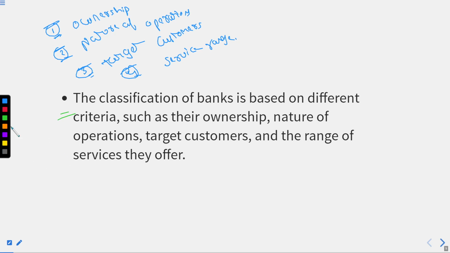So we can say we have four banks: Bank A, Bank B, Bank C, Bank D. If we have to divide them, these four points, 1, 2, 3, and 4, will formulate the base for the division amongst these banks.